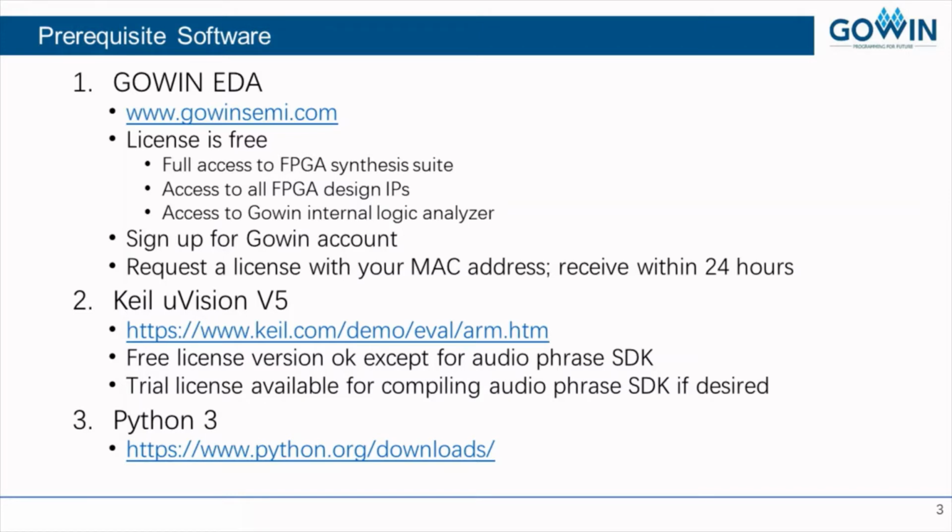So you can use the free license except for the audio phrase detection demo, because there's some additional C code needed for that demo to do some of the processing of the spectrogram data. That's the only one where the code is longer than what's allowed on the free license. But fortunately, there is a free trial version that you can use, I think there's a 7-day and a 30-day license, so that allows you to at least try it out.